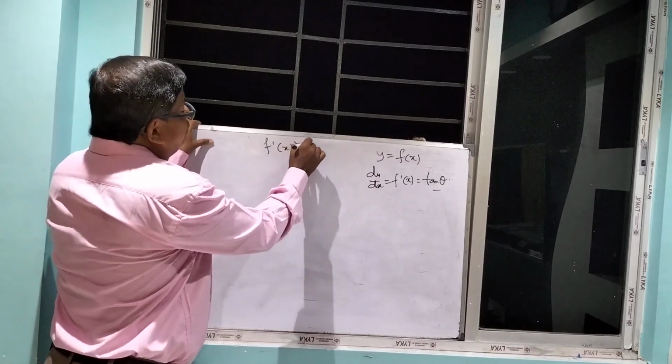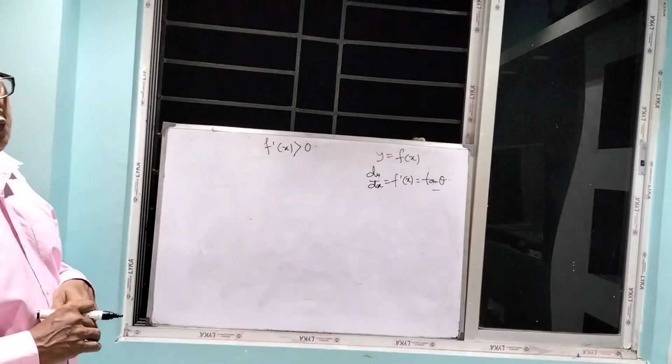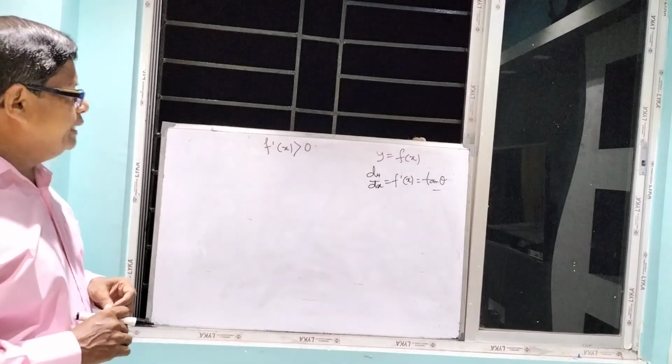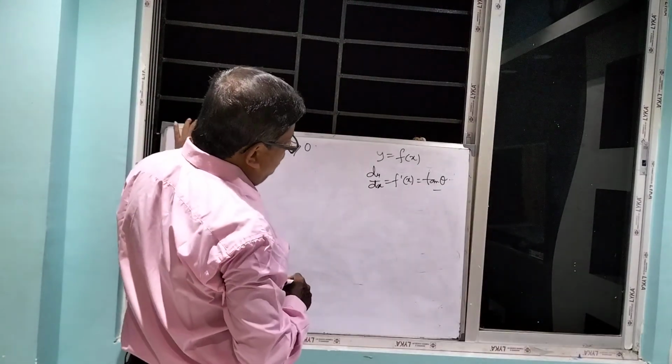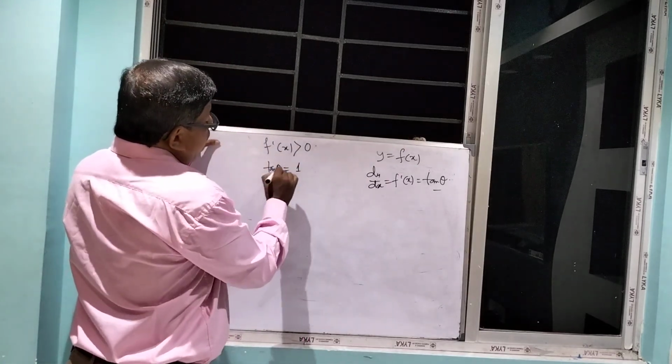Suppose dy/dx, that is f dash x, is greater than 0. So we can write tan theta equal to, suppose, 1, which is greater than 0.